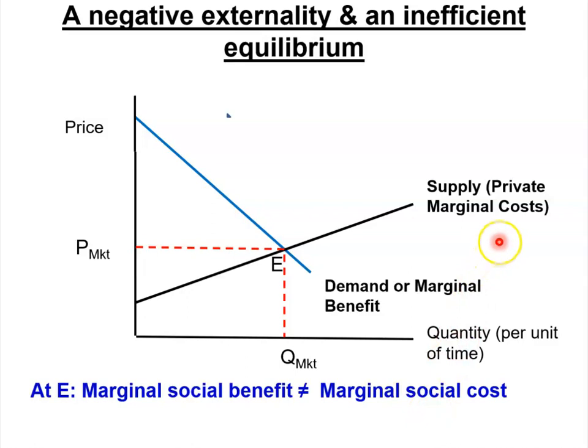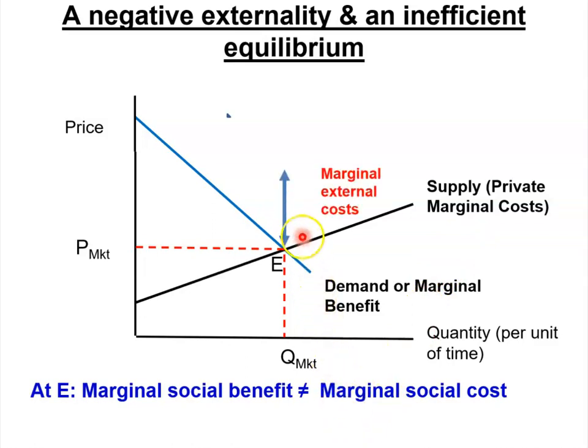And what's gone on here is that when suppliers have made their decisions about how much to produce, they've considered only the private costs, that is, the cost that they themselves are going to be paying. But there's a cost being imposed on other people, the external cost. How big is that?